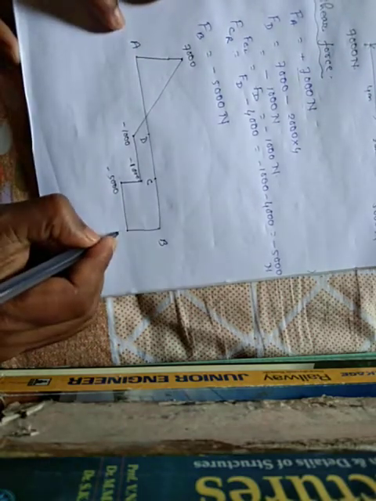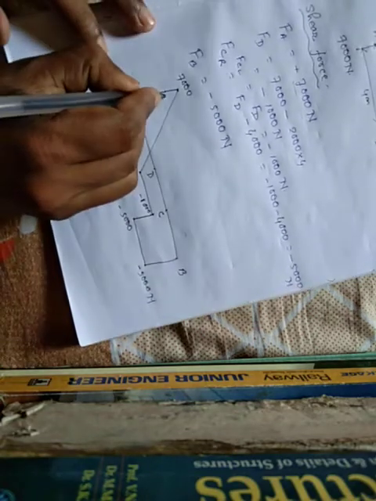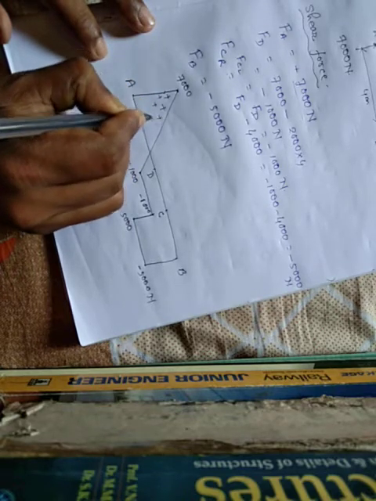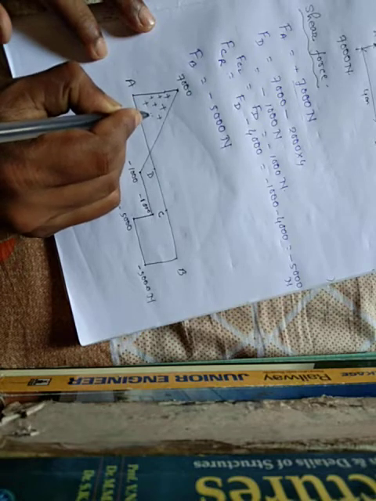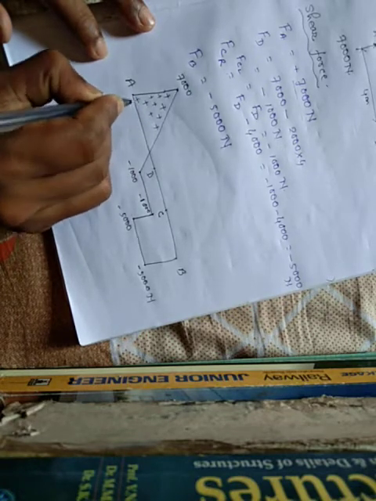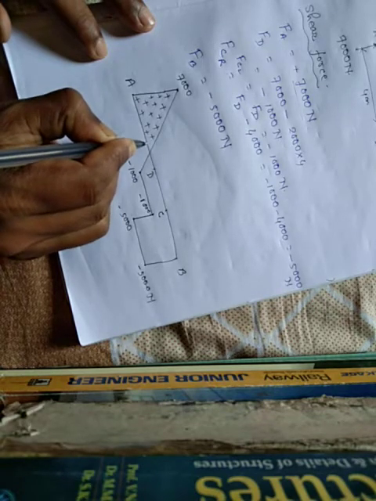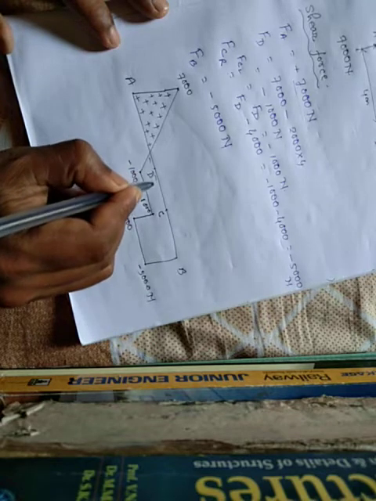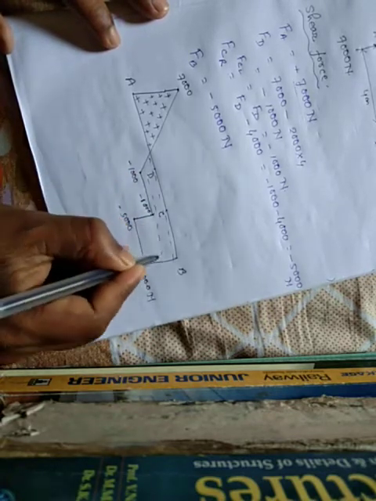This is also minus 5000 Newton. This is the positive shear force, and this negative shear force, this portion is totally negative shear force.